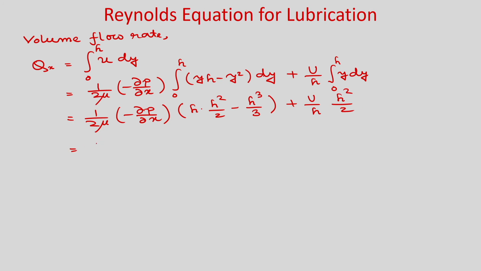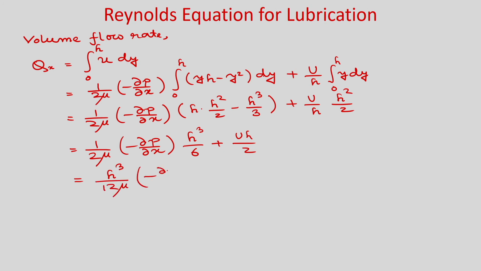We can write it as 1 by twice mu minus del P by del x, h cube by 2 minus h cube by 3, so it will be h cube by 6, plus U h by 2. So, you can write q x as h cube by 12 mu minus del P by del x plus U h by 2.